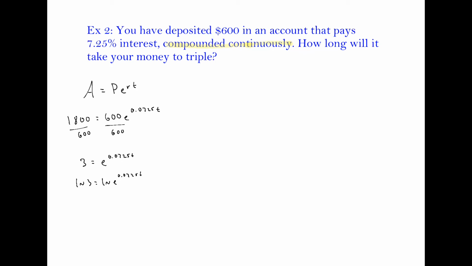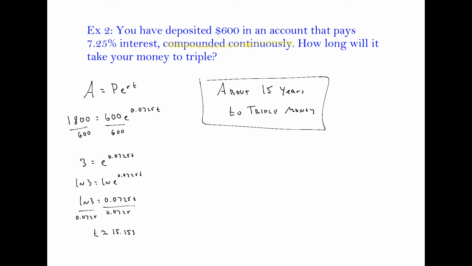And the natural log will cancel e, so we'll have natural log of 3 is equal to 0.0725t, and then we'll divide both sides by 0.0725, and t will approximately equal 15.153. So it'll be about 15 years to triple our money. So once again, about 15 years to triple the money.